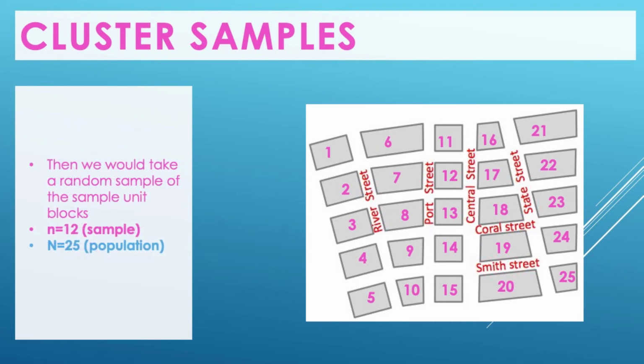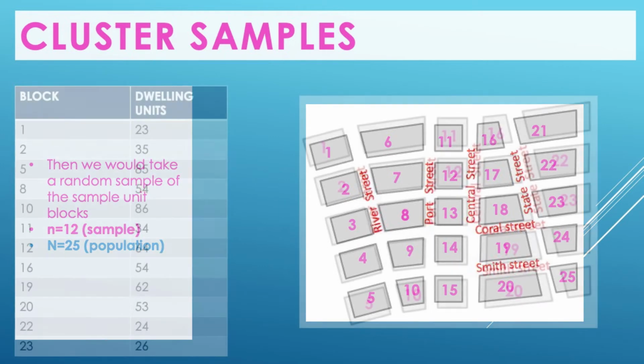For no particular reason, let's say that we have enough resources to interview people at 12 different blocks. We know that there's a total of 25 blocks. That's our population. And we have enough resources to confidently sample 12 of those blocks. So our desired sample size for the cluster is 12.